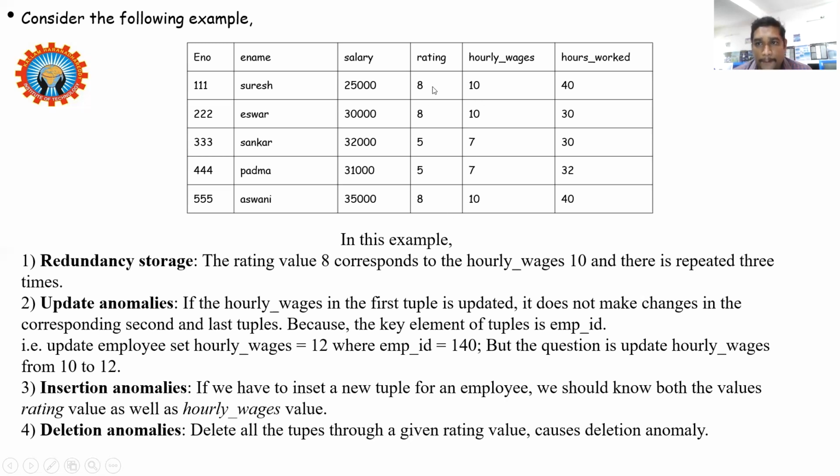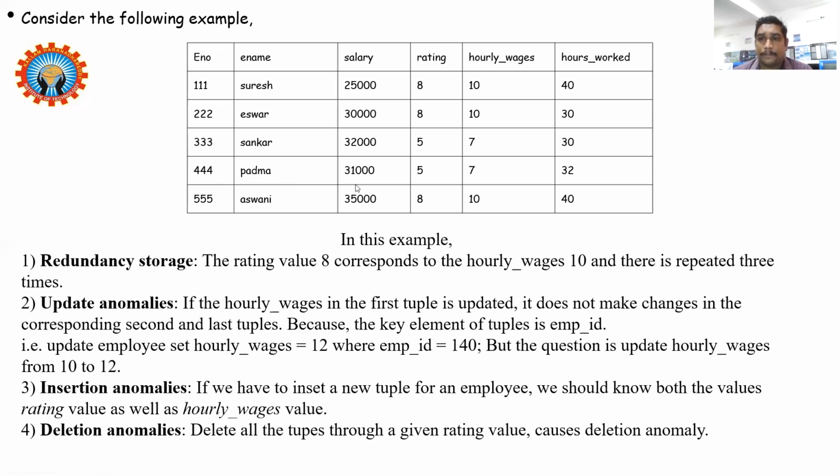To insert one attribute's data, I have to know the other attribute's data also. Next are deletion anomalies. If you delete particular tuples, the same process applies as with update. If I want to delete the 8, 10 value of Suresh, it is automatically deleted for the remaining triple 2 and triple 5. I hope you understand the concept.